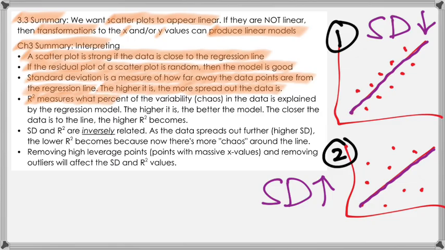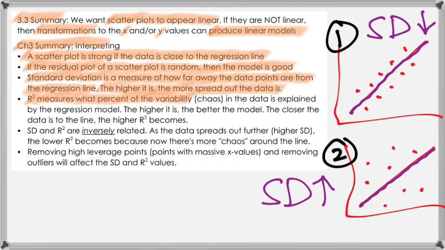Next up, we have R squared. It measures what percent of the variability, and I'm choosing to use the word chaos instead of the word variability because, again, I noticed yesterday when we were practicing, some people were having issues really grasping what R squared means and just memorizing the sentence builder rather than understanding the greater meaning of it.